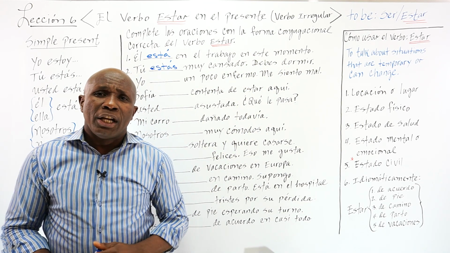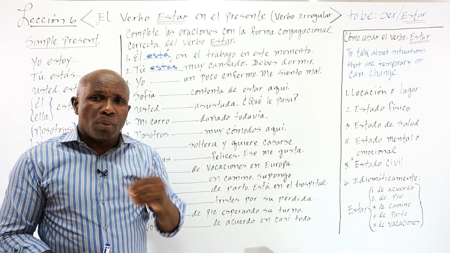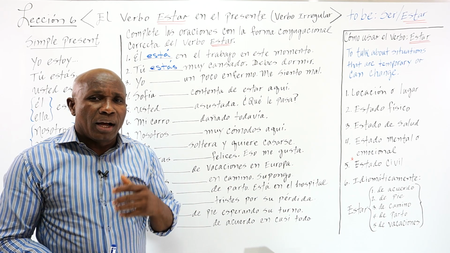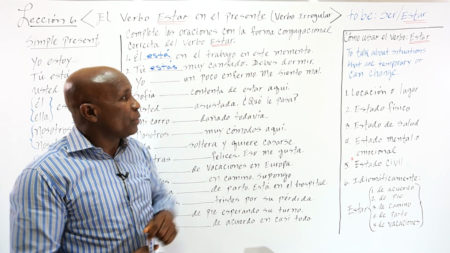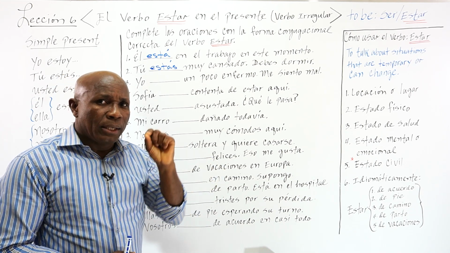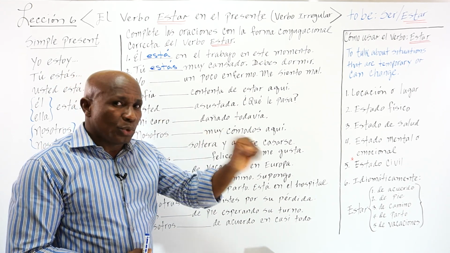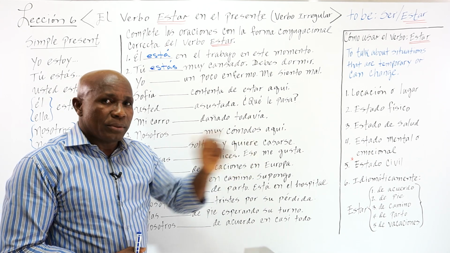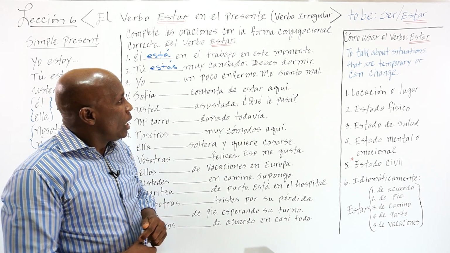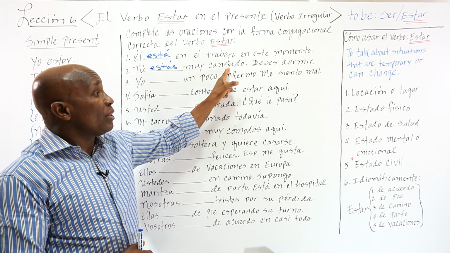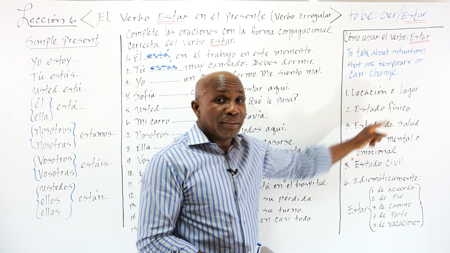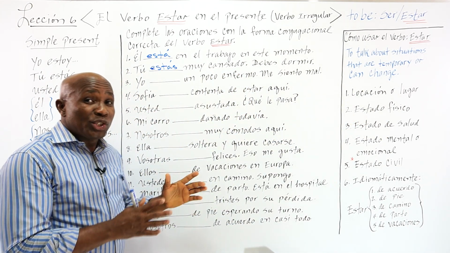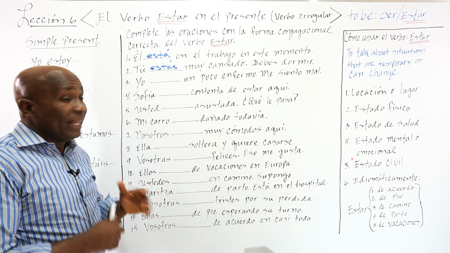Debes is the modal auxiliary in English, must. In Spanish, we have that one. Debes is an imperative, right? Debes dormir. You must sleep, right? So, cansado is a physical state, right? You see? That's the context in which we use estar.